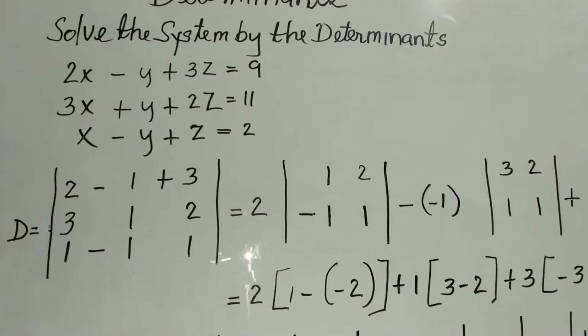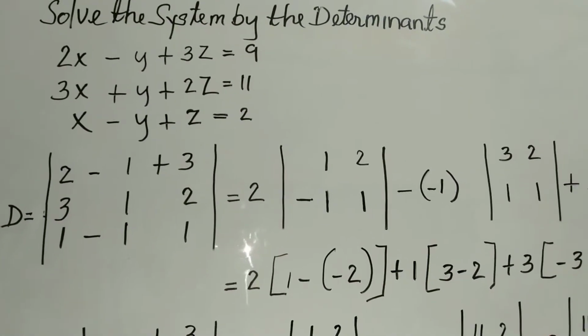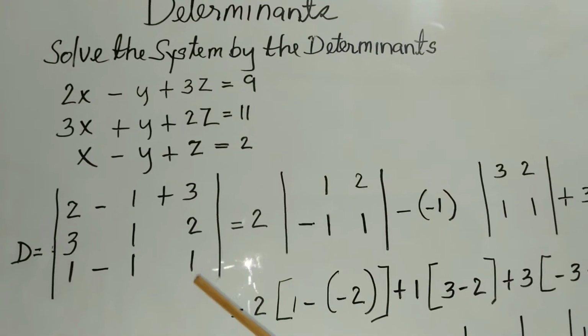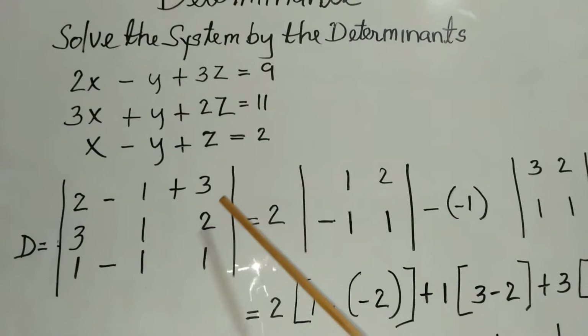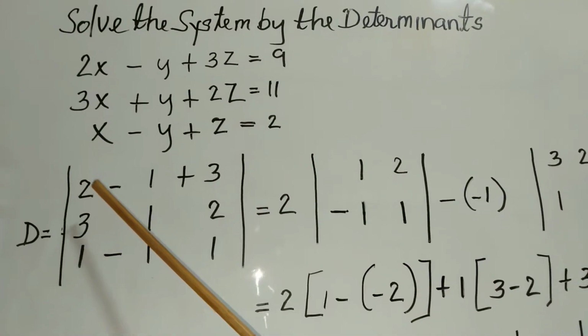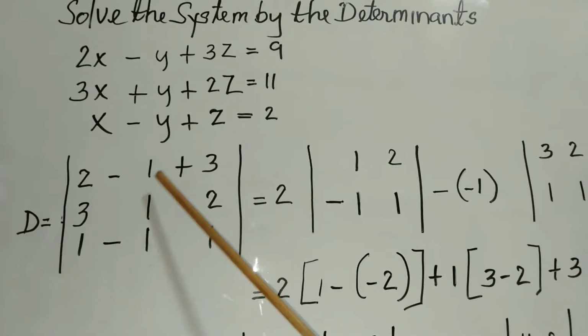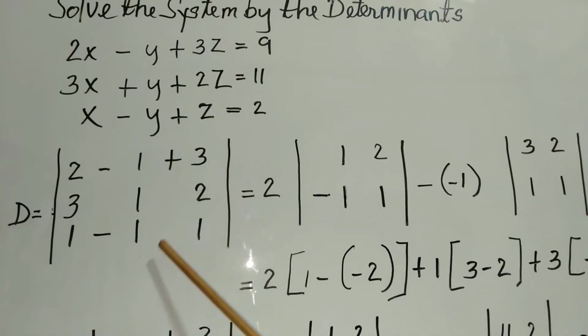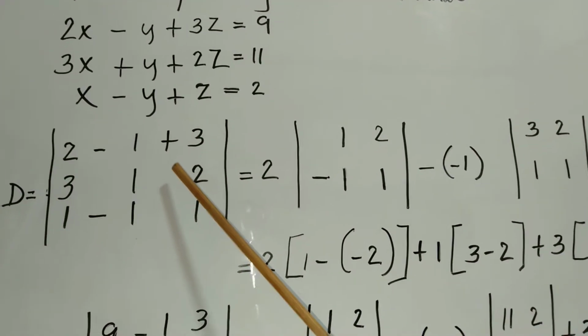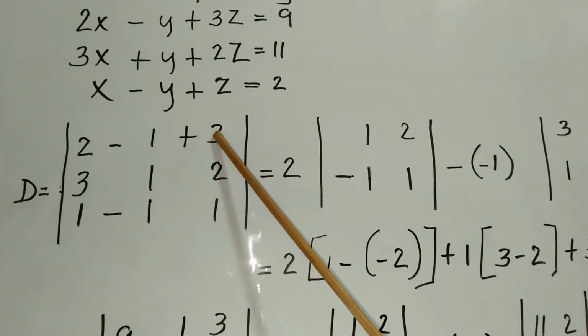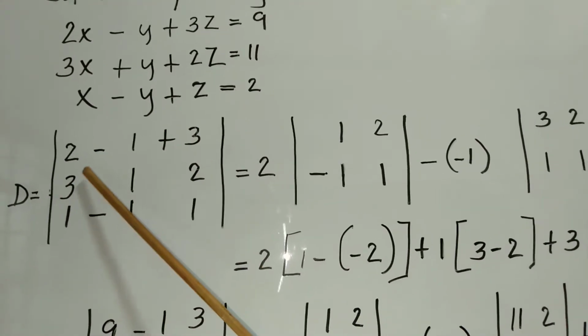So first we're going to arrange a 3 by 3, or third order, determinant. So we have here 3 rows and 3 columns. We're going to use these determinants and the expansion of minors about the first row.